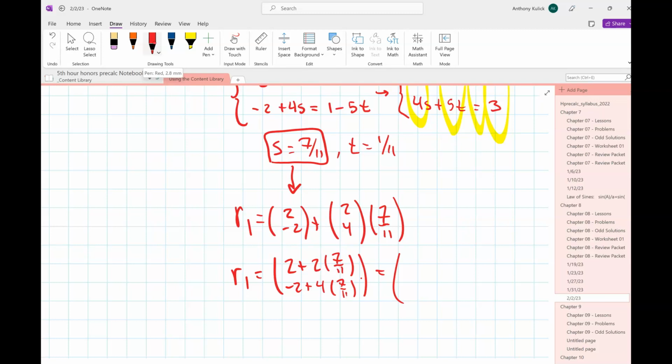So that's going to be 36 over 11. And then 28 over 11 plus negative 22 over 11 gives me 6 over 11. I think. Mental math with fractions is hard at 8:06 in the morning, but I should be able to do it.